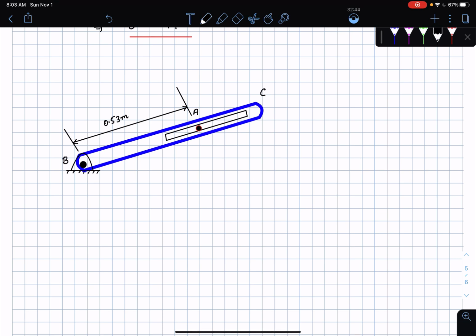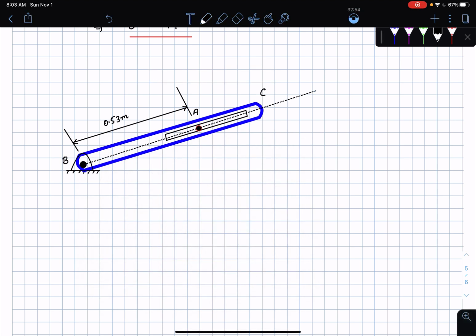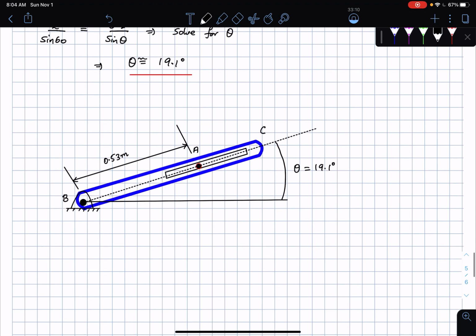So if I just draw a smooth straight line here, let me draw it as a dotted line, then I know the angle made with respect to the horizontal for that particular line. That angle is the angle theta, which we found out to be 19.1 degrees. That was in the previous calculations.